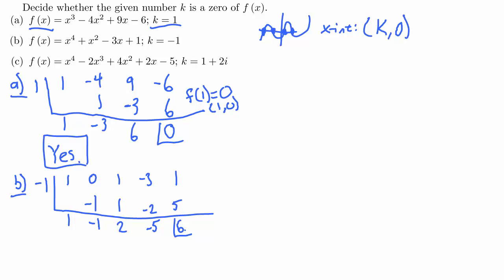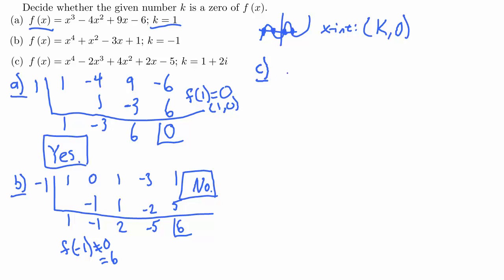Notice that this last number here is not 0. Because it's not 0, that tells me that no, f of -1 is not equal to 0. In fact, it is equal to 6 in this case.